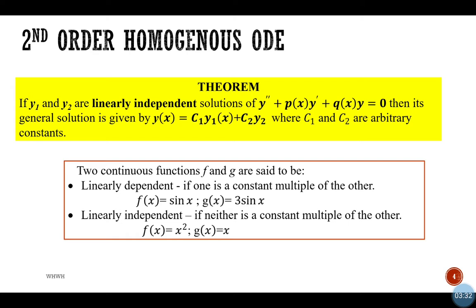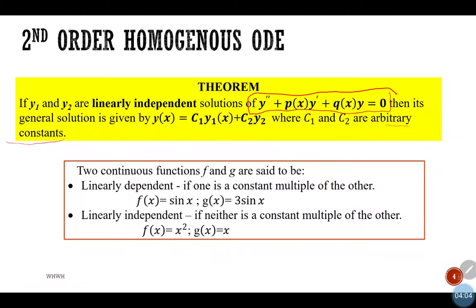For second order homogeneous differential equation, it tells us that if you have a differential equation in this form, y double prime plus p(x)y prime plus q(x)y equals 0, then its general solution is given by c1 y1(x) plus c2 y2(x), where C1 and C2 are arbitrary constants.